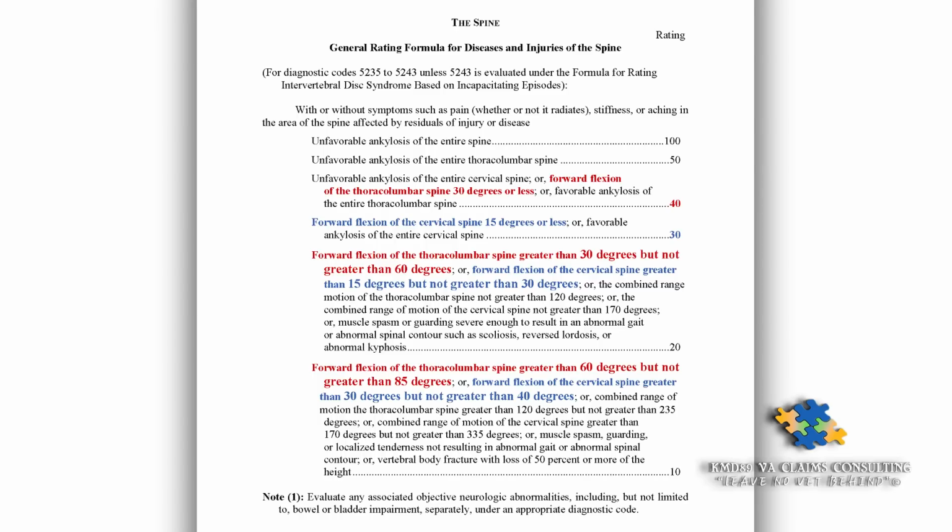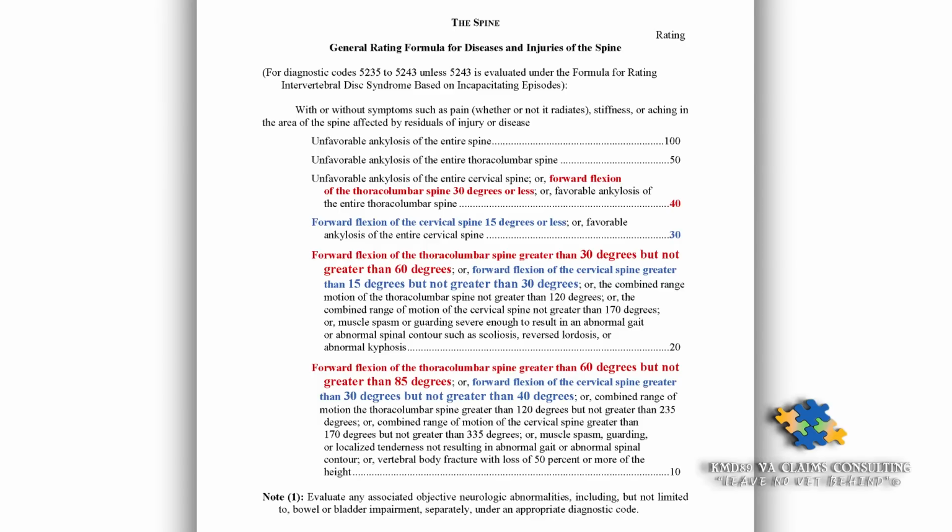Now, what I want to point out in that, it says 30 degrees or less. So it's 30, 29, 28, 27, 26. Now let's go back to the 20%. It says forward flexion of the thoracolumbar spine greater than 30. I'm sorry, not 30%, greater than 30 degrees. So what they mean, they don't mean 30.